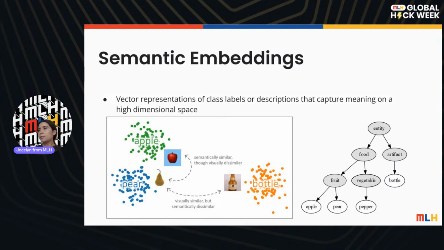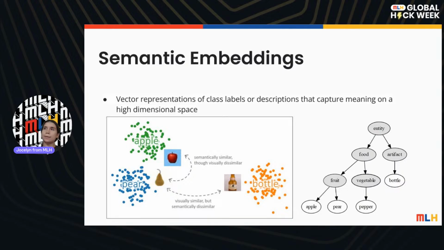And then, as we're seeing here in the image, things can be semantically similar and also not visually similar. The pear is not visually similar to the apple, but they are semantically similar. By semantically, I mean that the definition of those objects is basically similar. An apple is a fruit, and a pear is also a fruit.